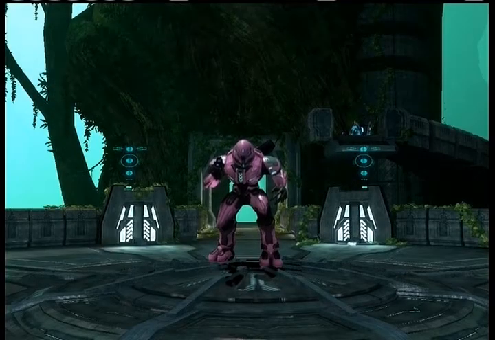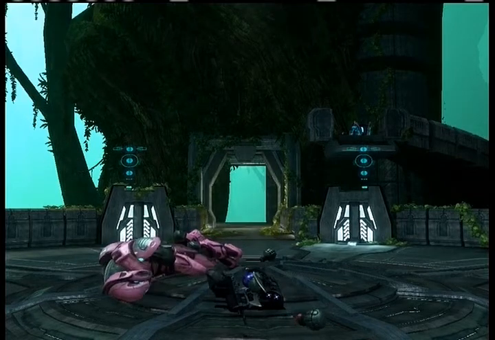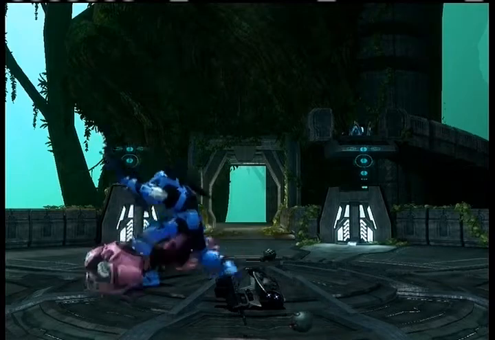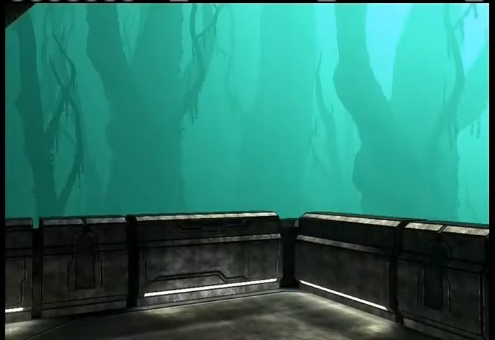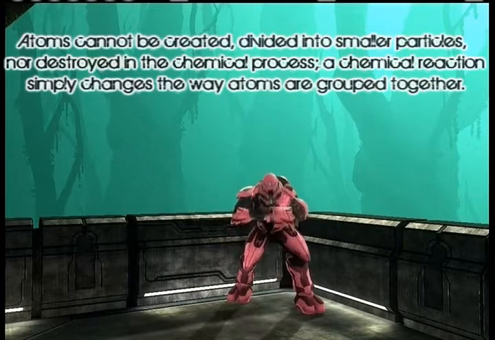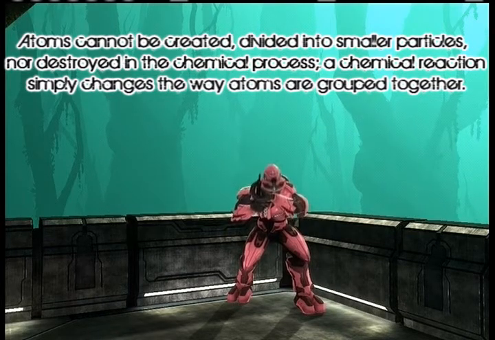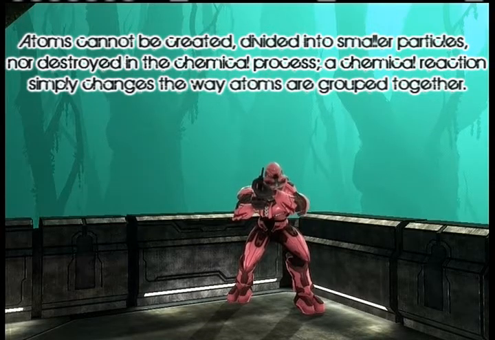And the fifth and final point is that atoms cannot be created, divided into smaller particles, nor destroyed in the chemical process. A chemical reaction simply changes the way atoms are grouped together.